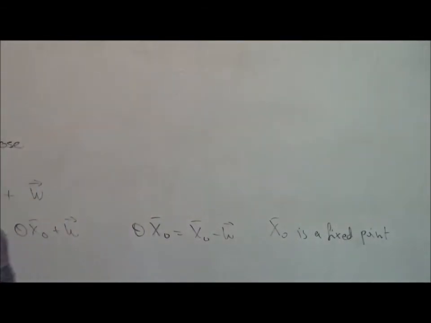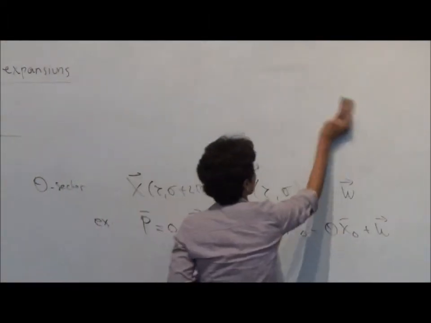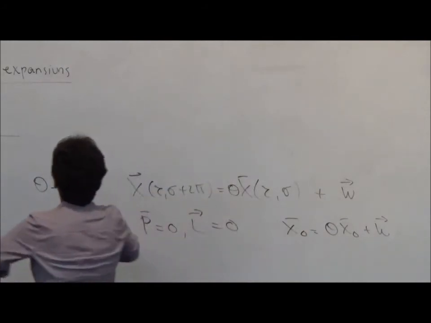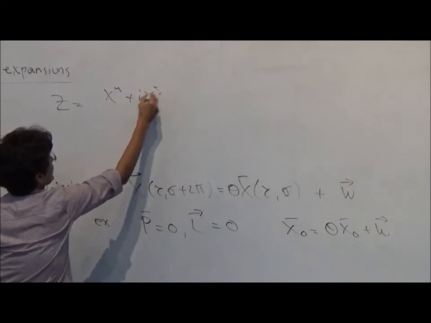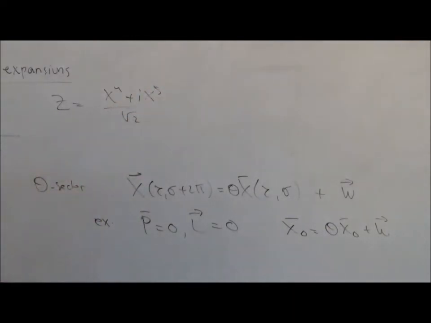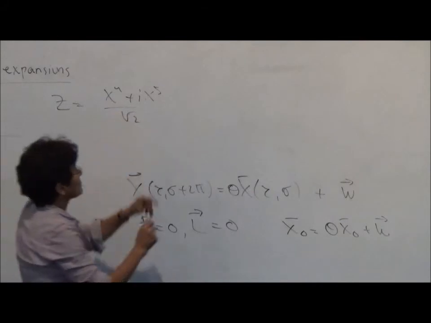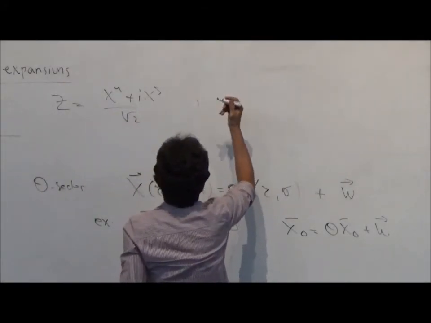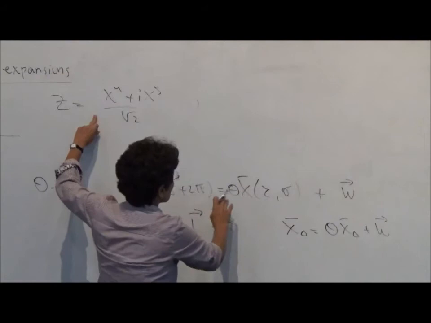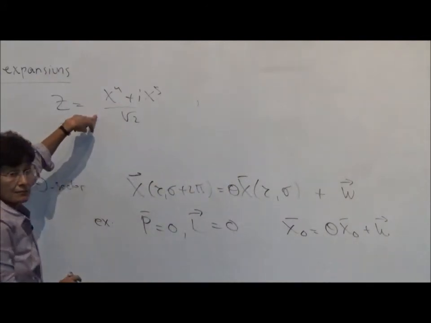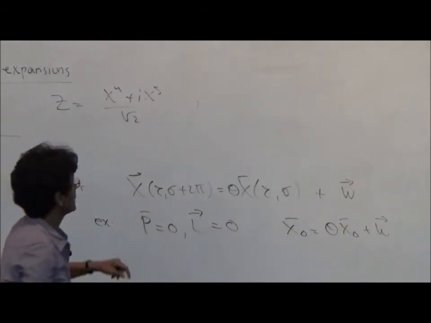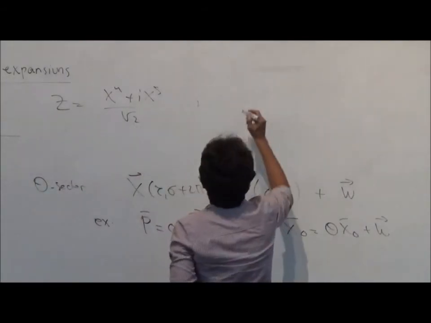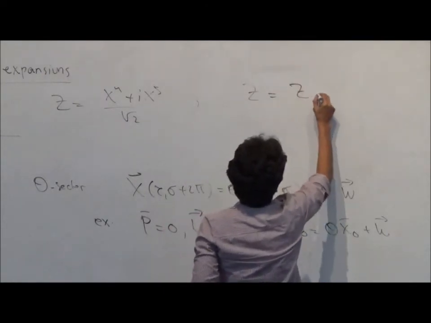Now what happens with the oscillators? For the oscillators, it's better to work with the complex coordinates, because now the boundary condition is just multiplication by a phase. Not a matrix like here, but just e to the 2 pi i. Again, I want the mode expansion for this.